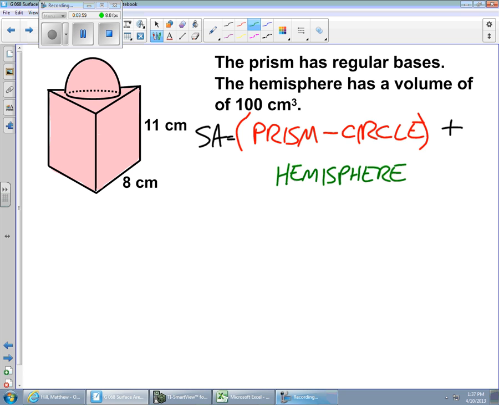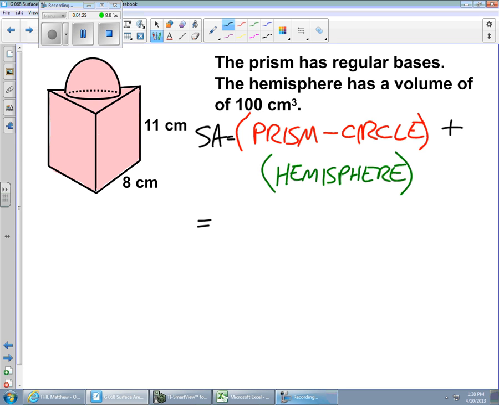Is it part of the surface area on this, or is it just the skin of the sphere that's showing? It's just the skin. So all we really need is the surface area of half of a sphere. There's nothing that needs to be done to that part of the formula. Now let's see what information is actually required in order to get all of this done.